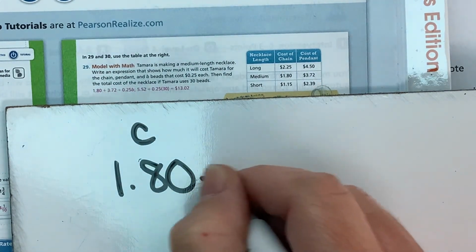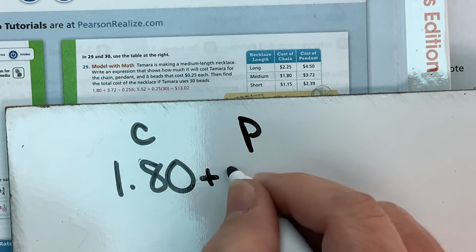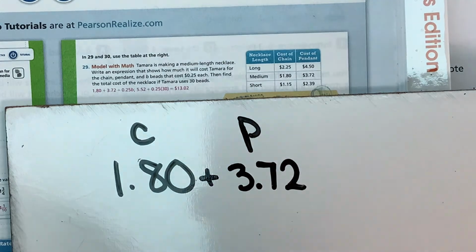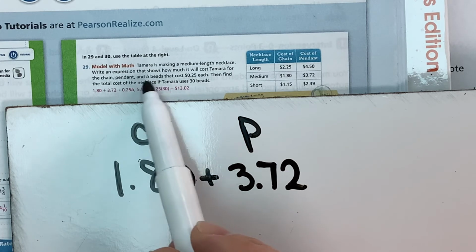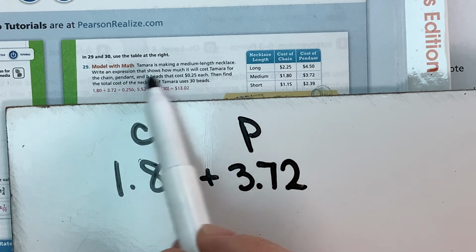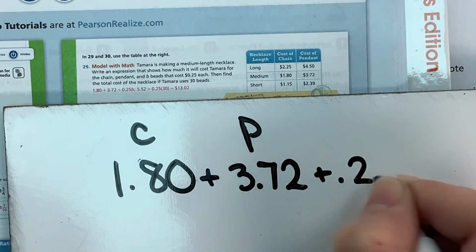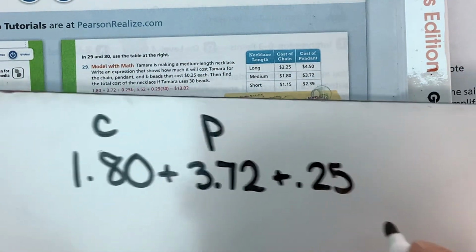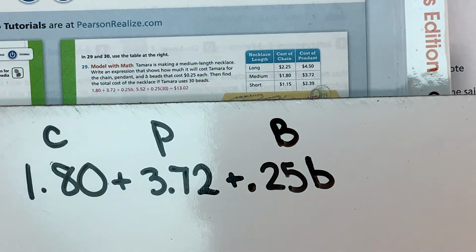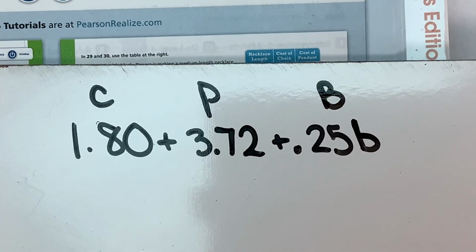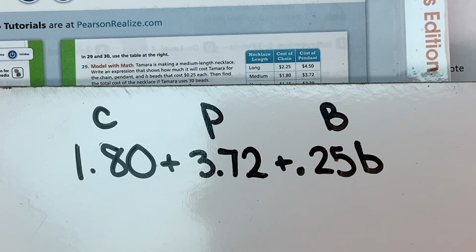Well, chances are there's only going to be one pendant, and we were making a medium necklace, so that means it's $3.72. And then they're going to put beads on this. The beads are 25 cents each, but we have the unknown B. We don't know how many beads we're going to put on here, so we're going to keep those 25 cents times B so that we can put however many beads we want on our necklace. That would be how you set up the expression.